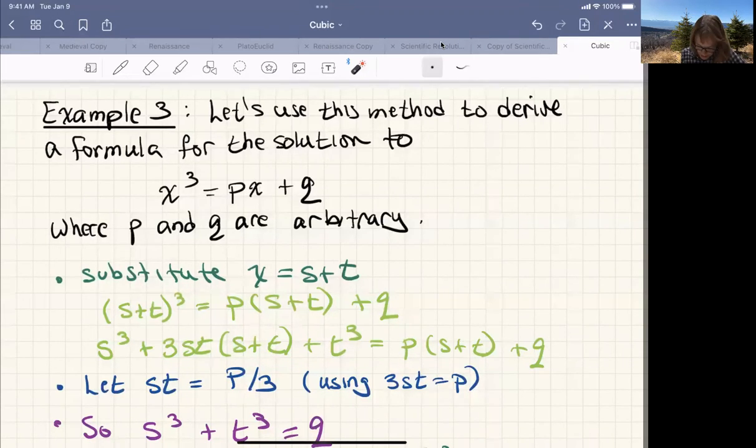Then, because we want 3st to be equal to p, that's what I wrote here, then st must be, we'll just divide both sides by 3 to get st is p over 3. And then that's going to cause these terms to drop out.